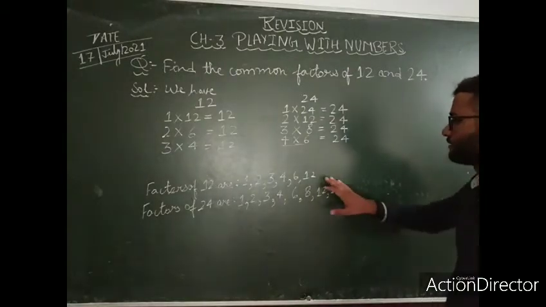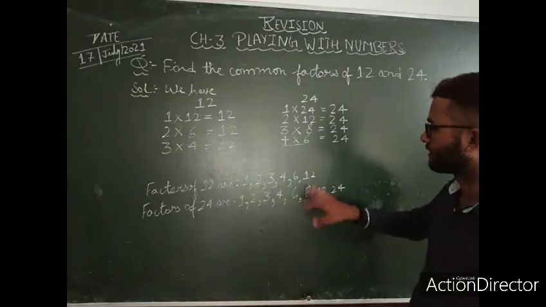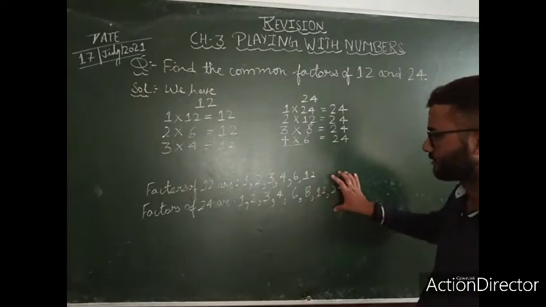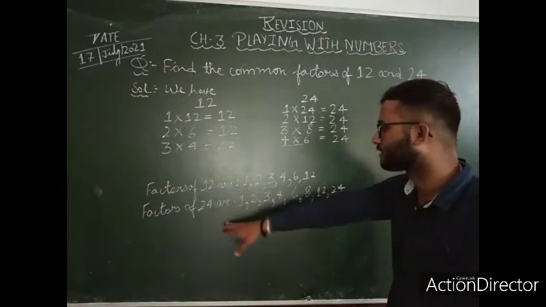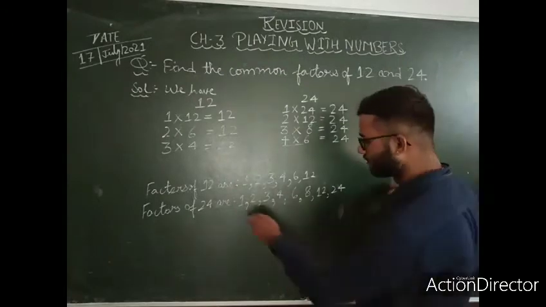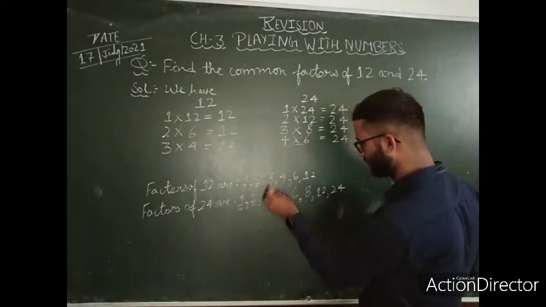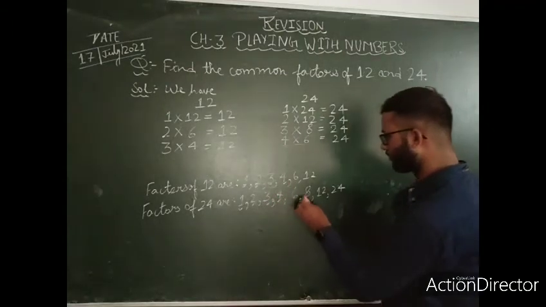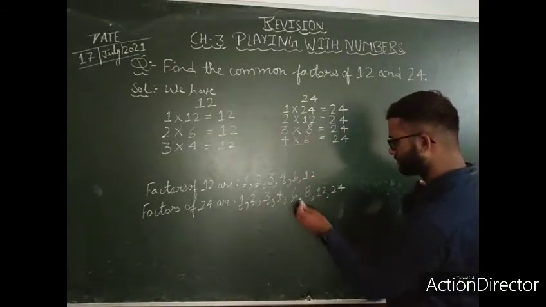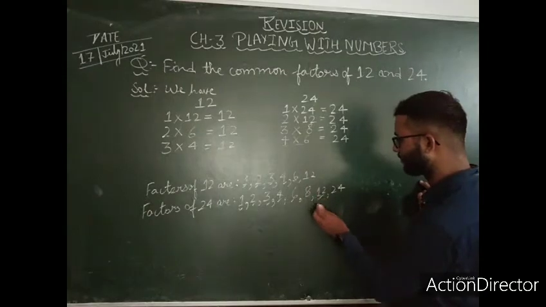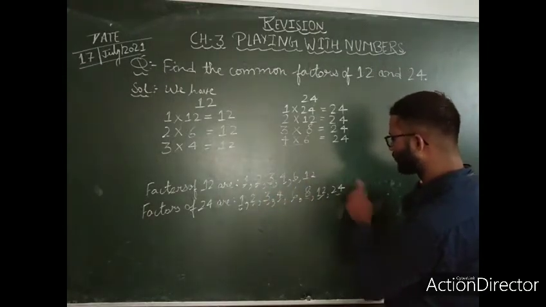Now we compare these factors, the factors of 12 and the factors of 24. So there is 1 here, 2, 3, 4, 6, 12. In 12 there is no 8, and 24 is not mentioned over there.